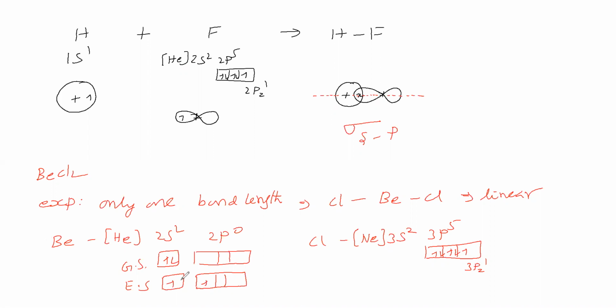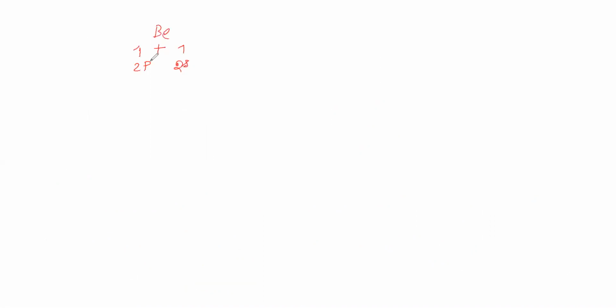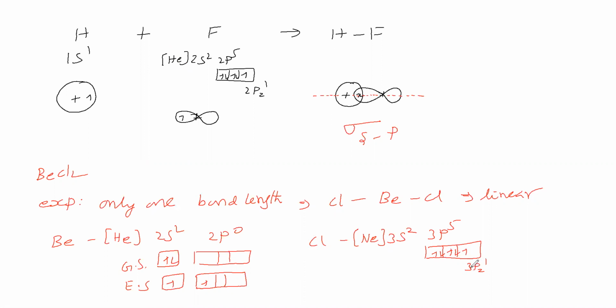So beryllium contains 2 unpaired electrons. Now regarding chlorine, Cl contains an unpaired electron present in the 3pz atomic orbital.